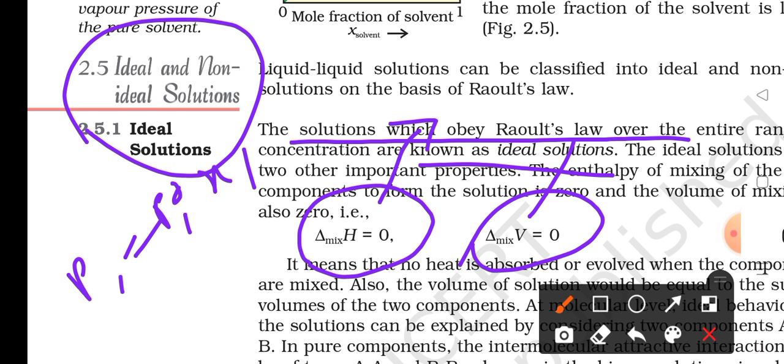Like if the volume of solute and solvent is 2 ml, then we get a solution that also has a volume of 2 ml. The volume is not changed. Those types of solutions are known as ideal solutions.